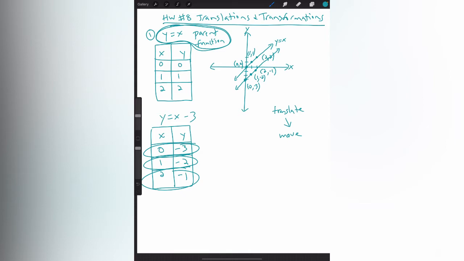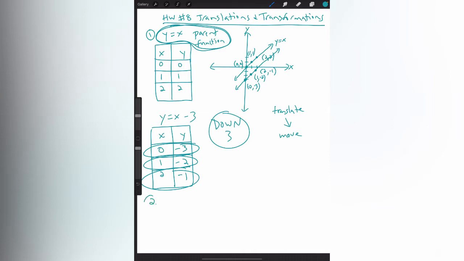I noticed that everything was minus 3, so I just moved everything down 3. All my points moved down 3. Okay? And how is it related? It's related because it is using the parent function, and I'm subtracting 3 each time from it.